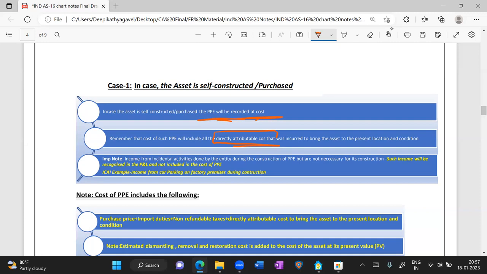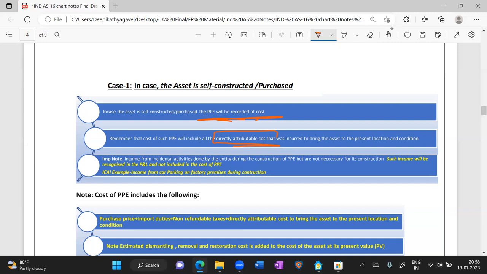If you did not give the rest of the land for parking services, would the building construction have stopped, or would that have been affected? Absolutely not. So this was incidental. So whatever income is being generated from that incidental activity will be taken to your P&L. You cannot adjust that to the cost of the PP, right?